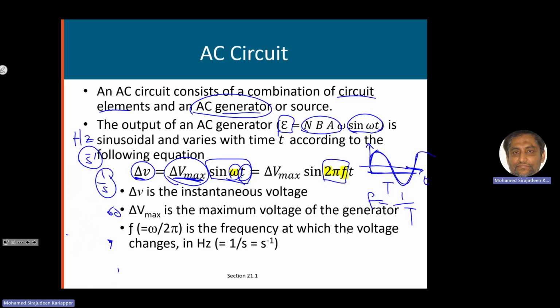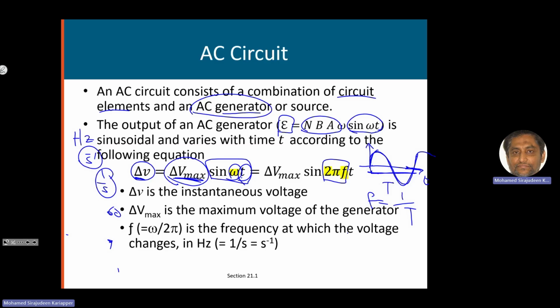So the frequency of this source is 60 hertz. In other countries like the UK, the frequency is 50 hertz. When you buy appliances, you have to look at the frequency, because if you use a 50 hertz appliance on a 60 hertz source, it might sometimes have problems.